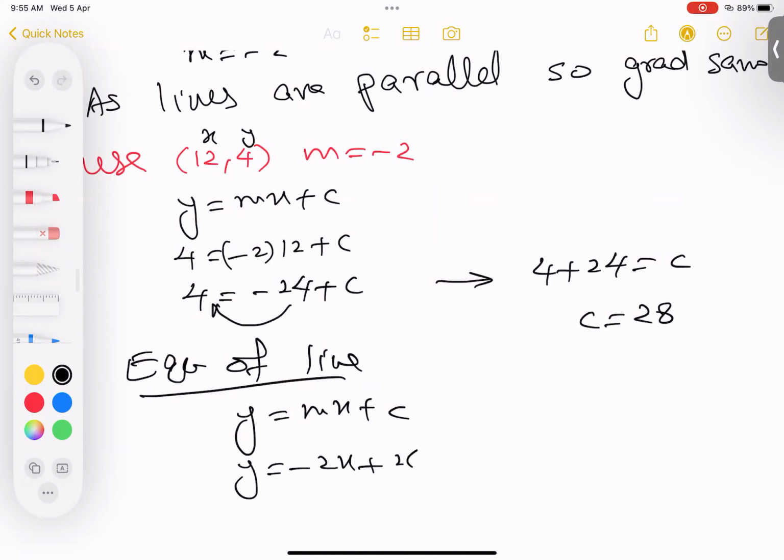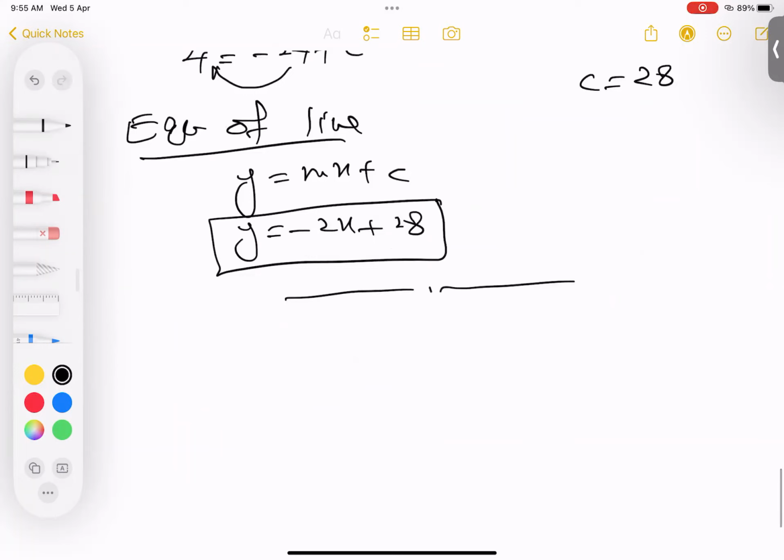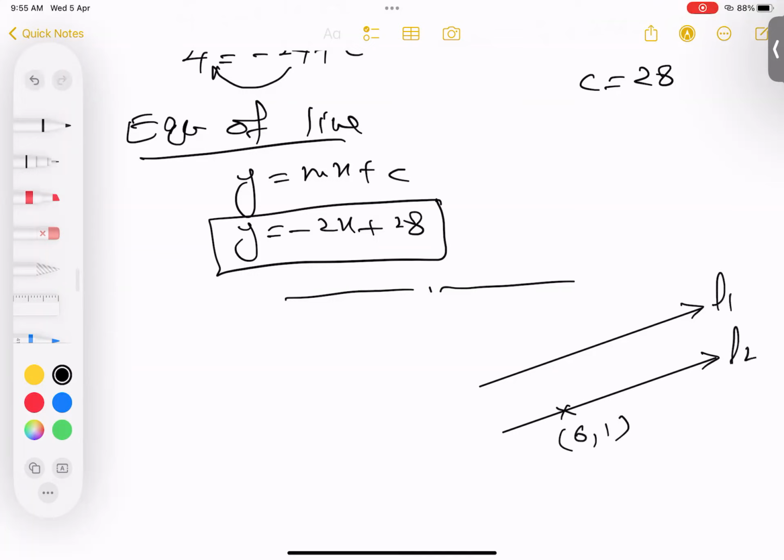My answer is over. So please do me one favor. What is that favor? I'm going to give one similar question, and you will try it for me. The equation of a line is given here. This is almost similar. The point given is 2, 3. Okay, not 2, 3, make it 6, 1. This line is line L1, and line L2 is the question mark. Line 1 is given.